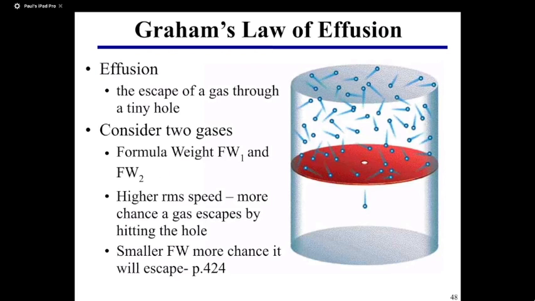That's the main reason: the faster it goes, the more times it hits, the more chance it's going to go through that hole. Also, if it's smaller versus a larger gas, it has more of a chance to fit through the hole, but that's a smaller part of it. It's mainly due to its speed. And so smaller gases effuse quicker than larger gases. That's a concept.